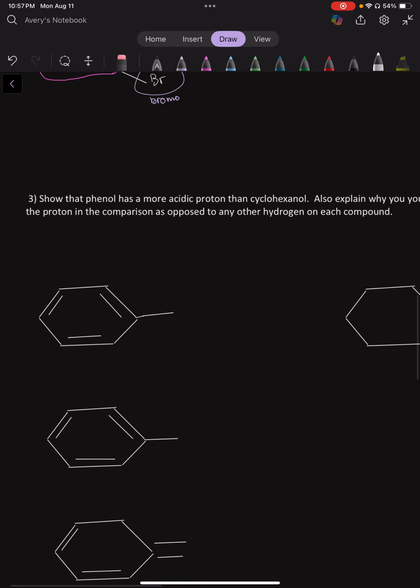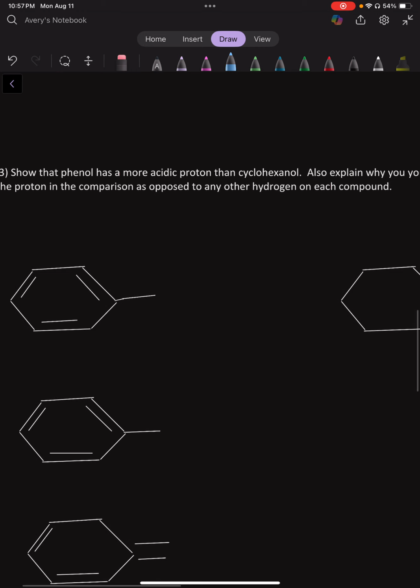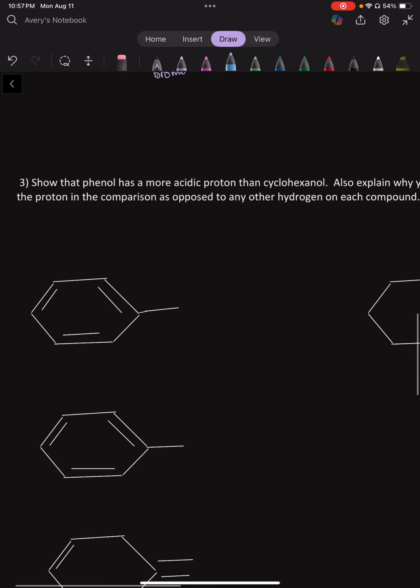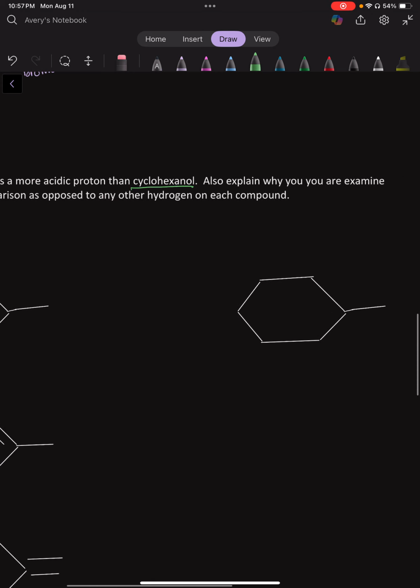So again, I went ahead and took the liberty of drawing, but ignore that for now. Let's not get too far ahead of ourselves. We have phenol, which is this one right here. And then we have cyclohexanol, which is this one over here.